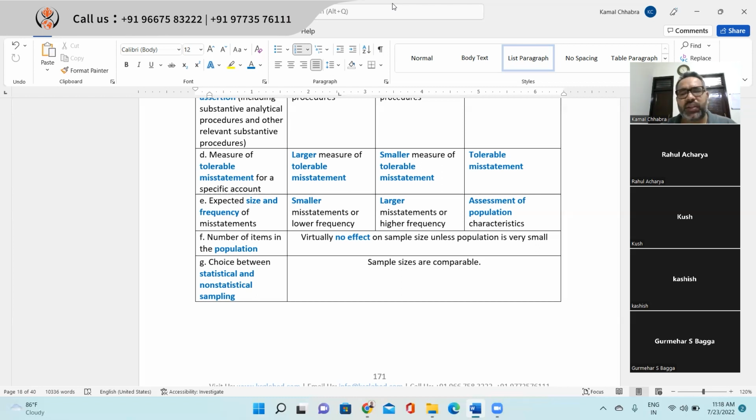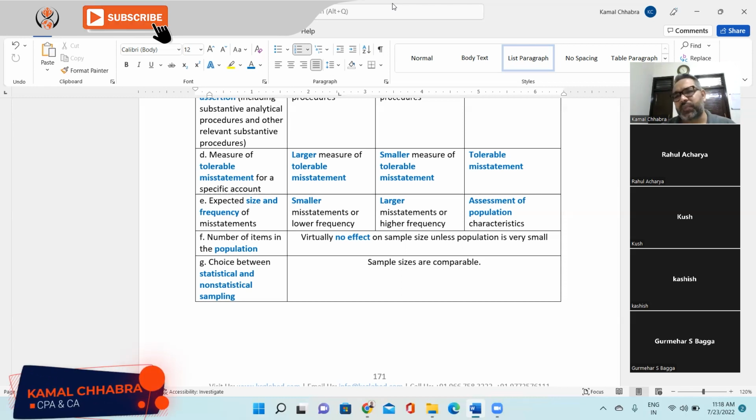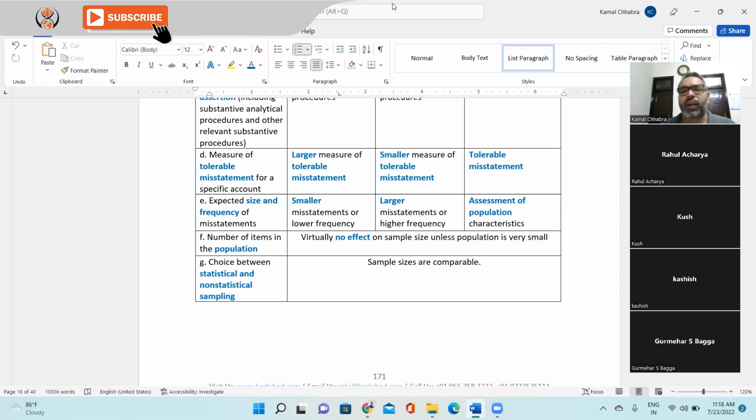Otherwise, it will not majorly impact the sample size. And the choice between statistical and non-statistical, sample sizes are comparable. So both depend on the professional judgment of the auditor, whichever you feel is a more effective approach to conduct the respective audit. But generally, sample sizes are comparable in both approaches.